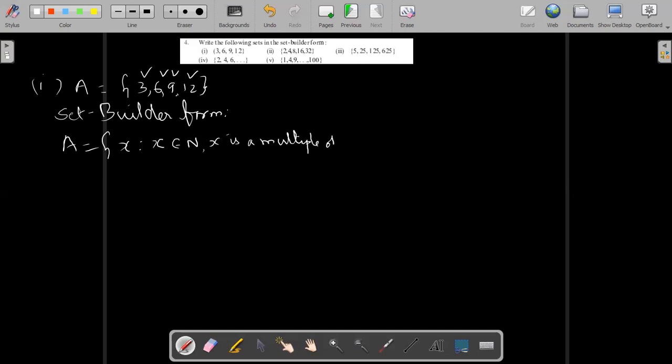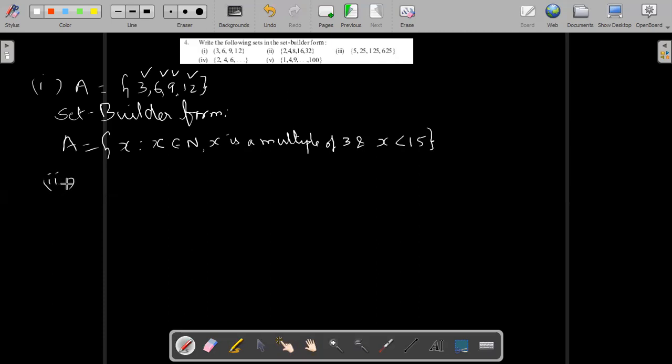If I stop here, multiples of 3 include 12, 15, and infinitely many more, but here they have given only 4 multiples, so x is less than 15, all multiples which are less than 15. Like this you can write.